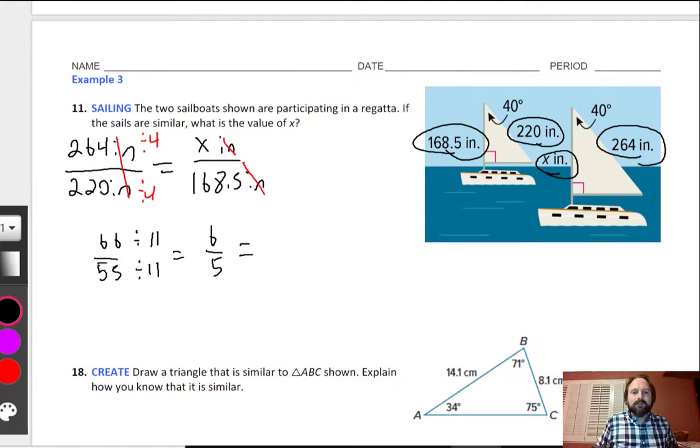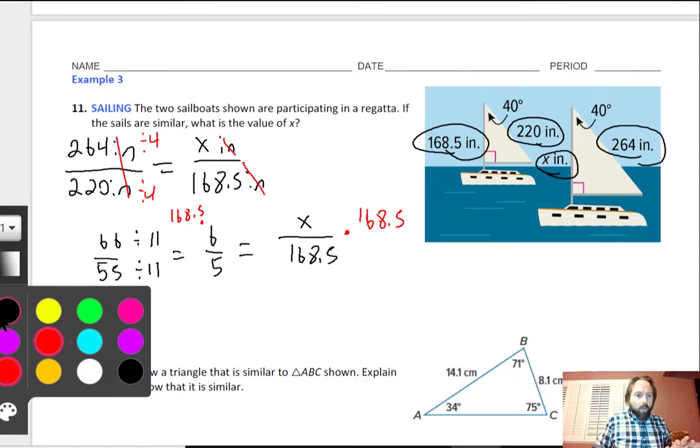So that's equal to x over 168.5. Now I can multiply by this number and get rid of it because we're trying to solve for x. Who's with x? It's 168.5. He's dividing, so I'm going to multiply by 6 on both sides. Let me get my handy-dandy calculator.